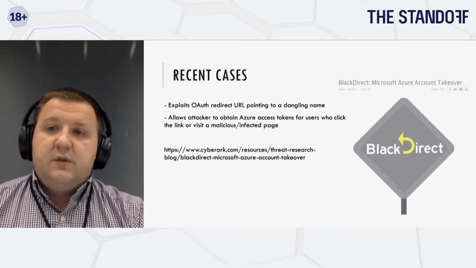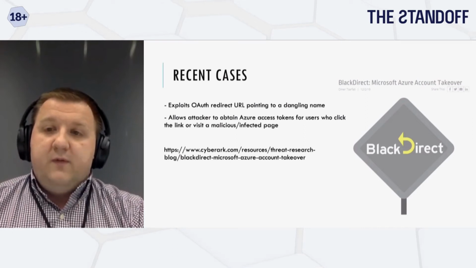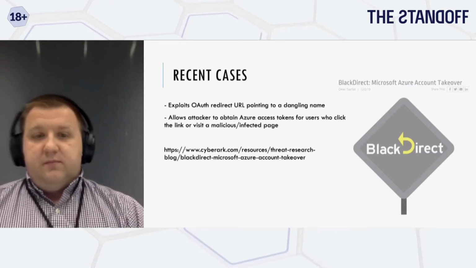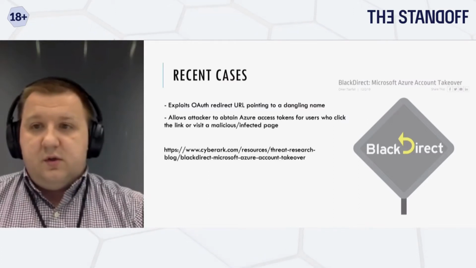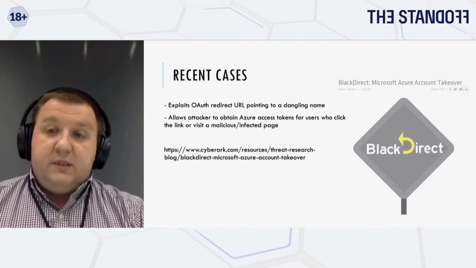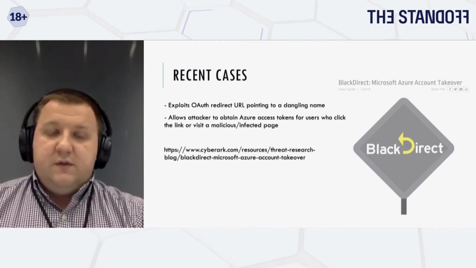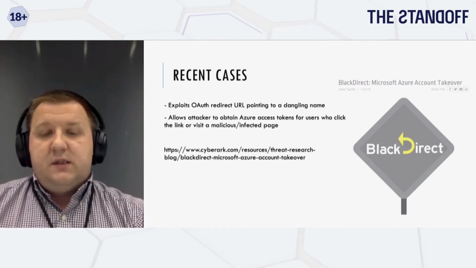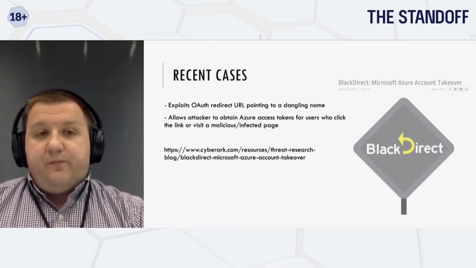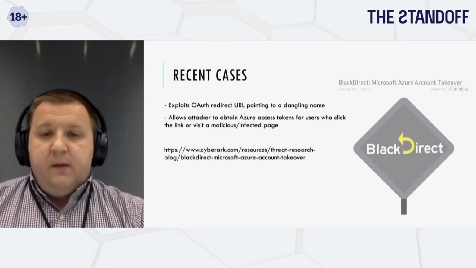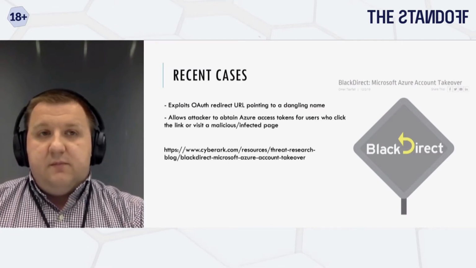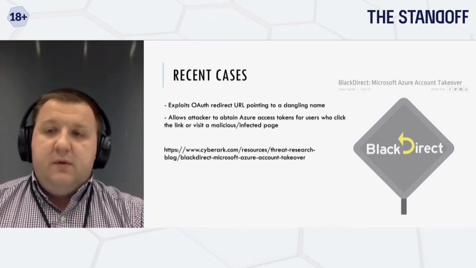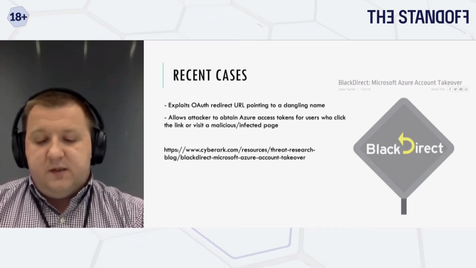So CyberArk registered a resource on Azure, and this is how they got a web server. And the identity provider, that is Azure Active Directory, would send authentication tokens for the users, which means that if users browse the website of the attacker, the attacker was able to get their access tokens.